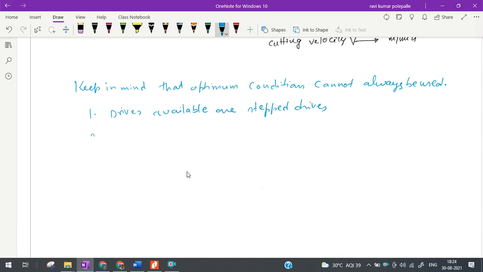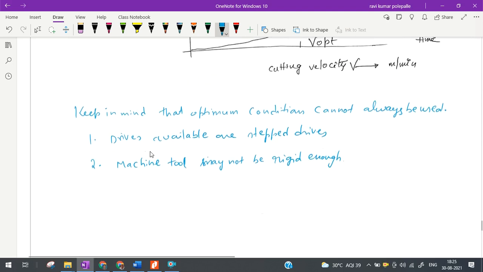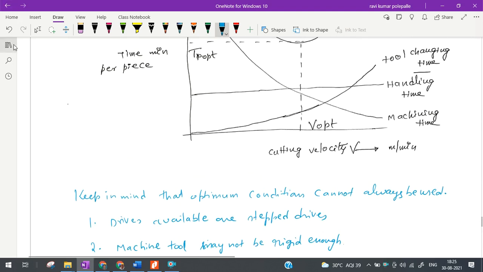Second, the machine tool may not be rigid enough. Right. So this is about economics of machining.